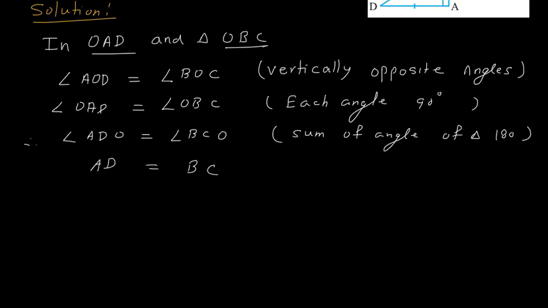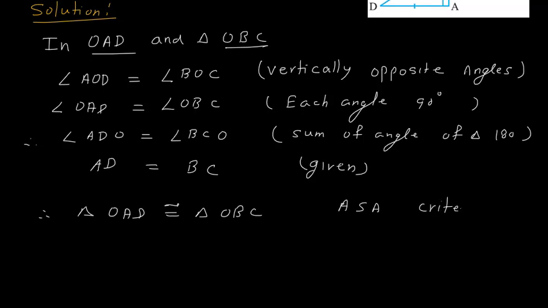So AD and BC are the same. This is given. So by angle side angle, therefore triangle OAD is congruent to triangle OBC, by angle side angle criteria.